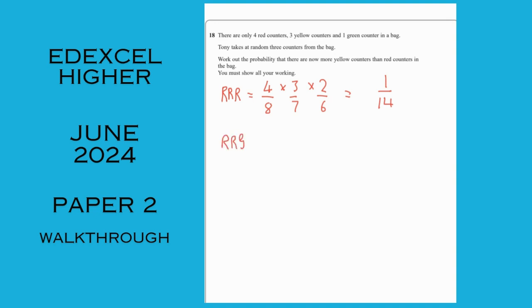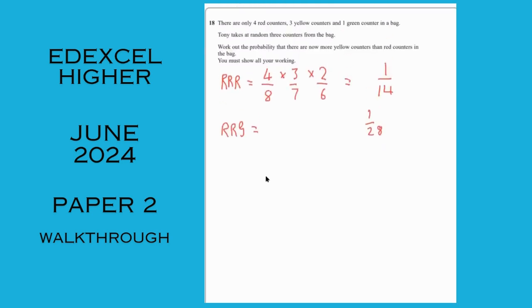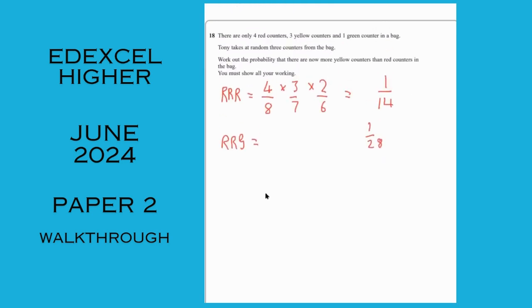The other solutions, it's red, red, green. Now that can be in any order. Now when you do red, red, green, you don't have to write all the working out. All right, I know it's worth 5 marks, but you don't have to write all the working out. Red, red, green would be 4/8, 3/7, 1/6.